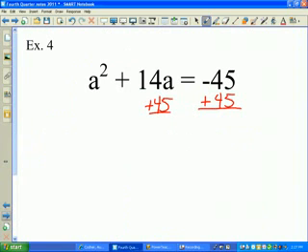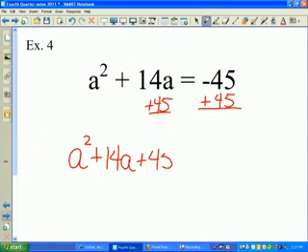So now here's a question for you. Can I combine that 45 with anything on the left-hand side of that equal sign? I cannot, because that 45 does not have an A, so I don't have like terms here. So all I'm basically doing is just rewriting my equation and setting it equal to 0.